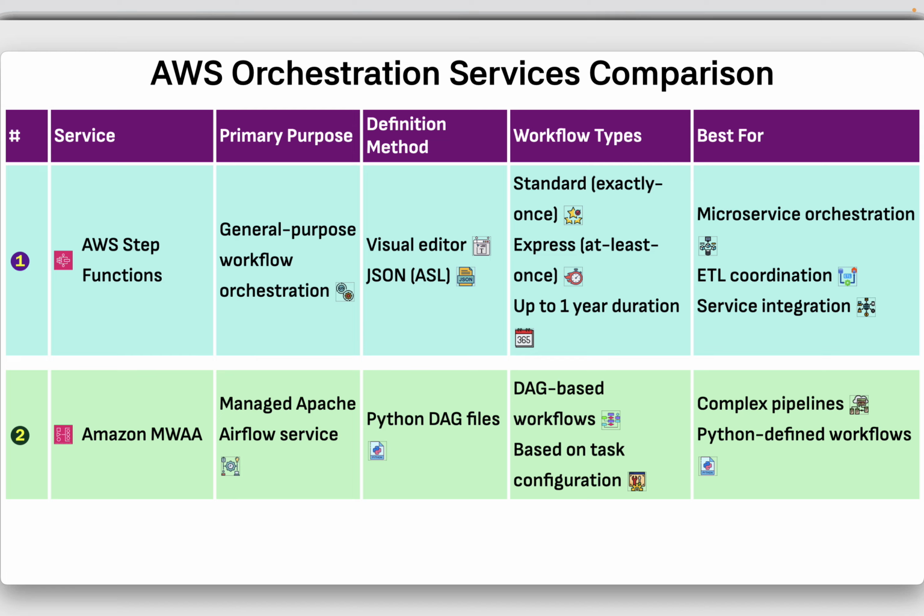You can use it directly. An important thing: it has its own language, and it's written in Python. There are Python directed acyclic graph, DAG, files, by which you create all these workflows. So every time there is some dependency on legacy service and Python, just remember it does not support other things. Choose this only when these two things are being called out. Workflow types: DAG based workflow based on task configuration. Best for complex pipelines and Python defined workflows.